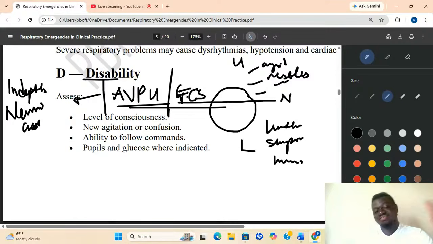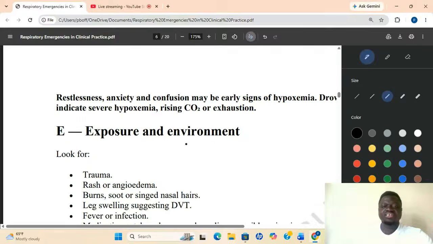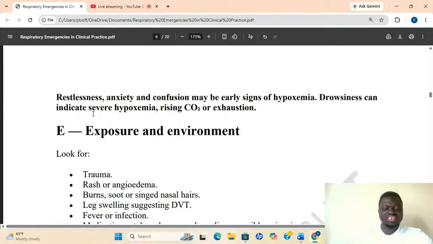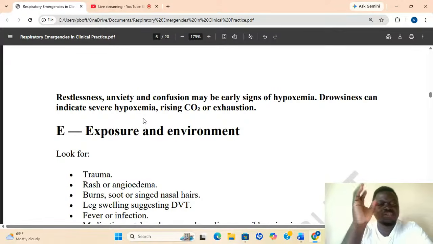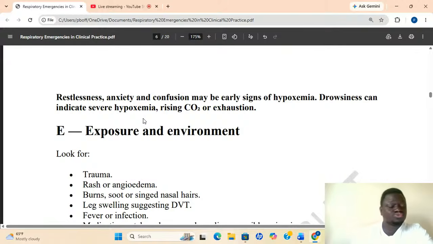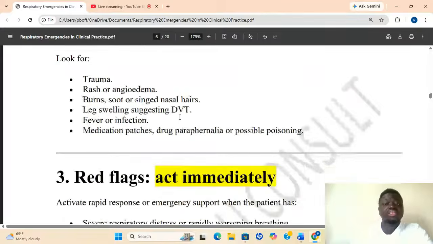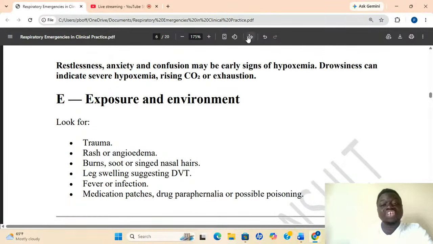GCS is fine, but GCS can waste time in serious emergencies. Restlessness, anxiety, and confusion may be early signs of hypoxemia. Drowsiness can indicate hypoxemia and rising CO2 or exhaustion. Okay. Now let's go to exposure.